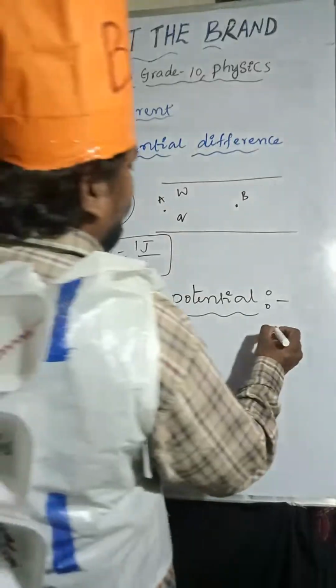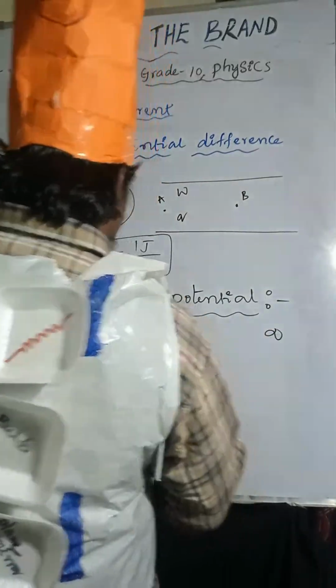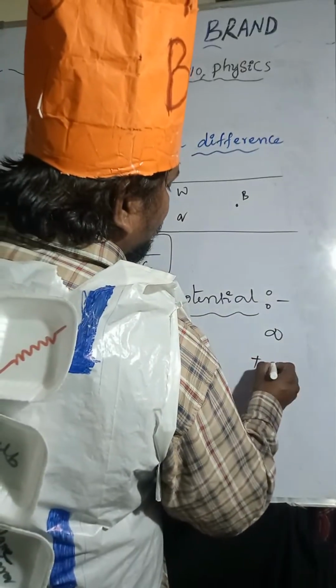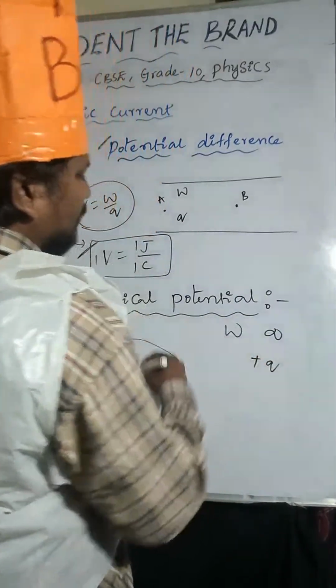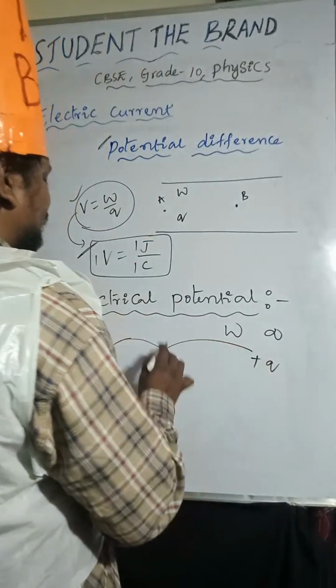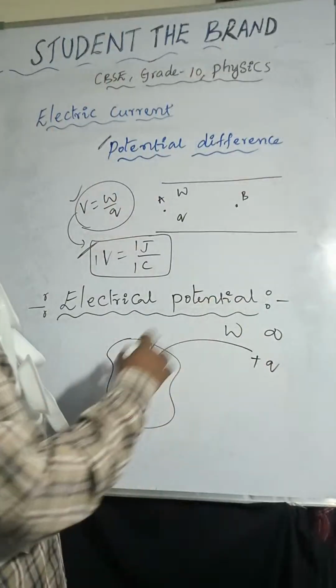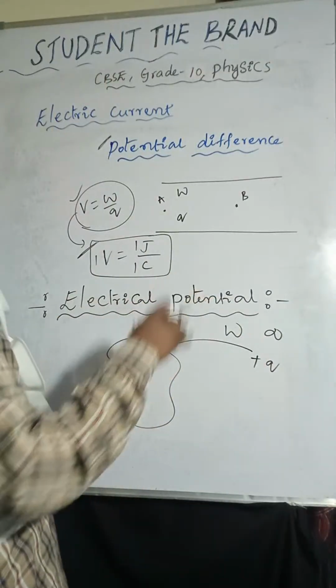This is the infinity point. So this is the required field. We are bringing the positive charge. We are doing some work to bring unit positive charge from infinity to the required field. From infinity to the required field is called electrical potential.